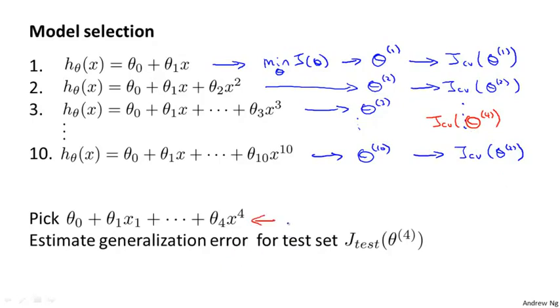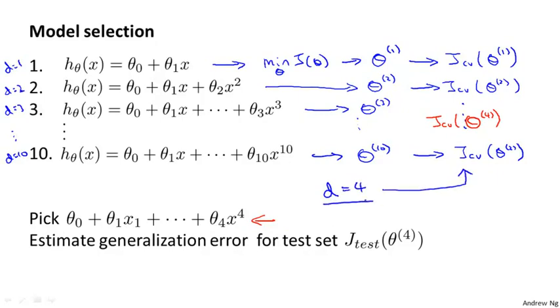Finally, what this means is that the parameter d, remember d was the degree of polynomial, so d equals 2, d equals 3, up to d equals 10, we've fit that parameter d and set d equals 4, and we did so using the cross-validation set.